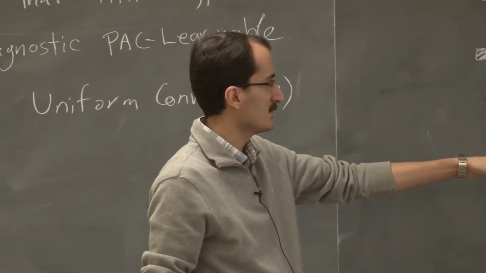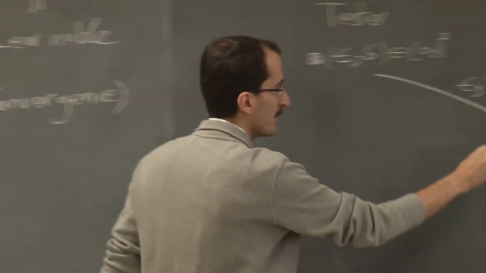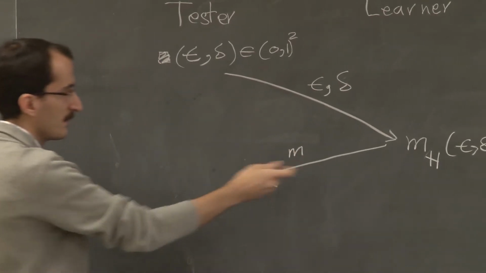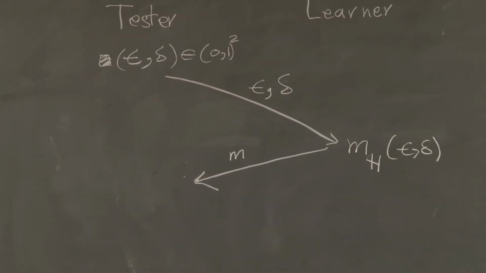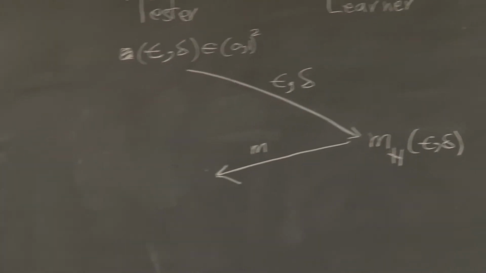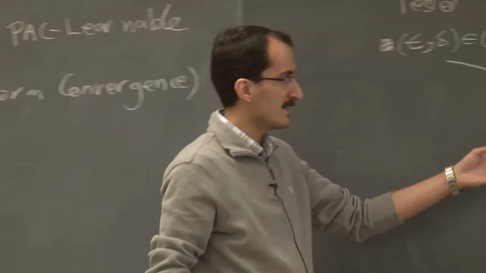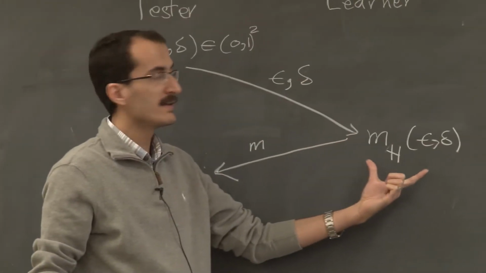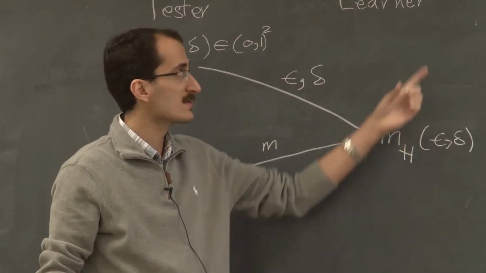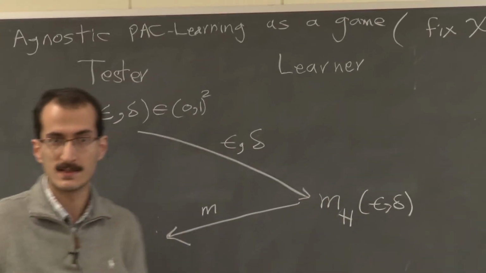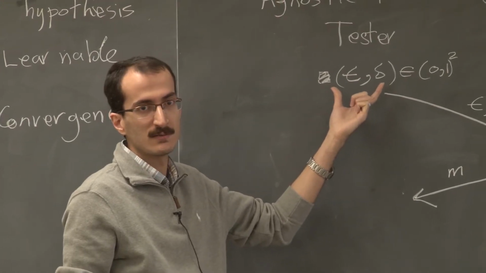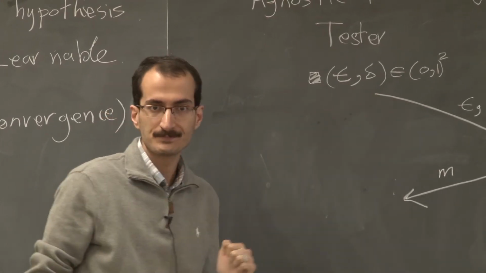He passes back to the tester the number of samples he needs. So it's important to see that here the learner doesn't know anything about the distribution, just knows about the hypothesis class and how accurate it should be.